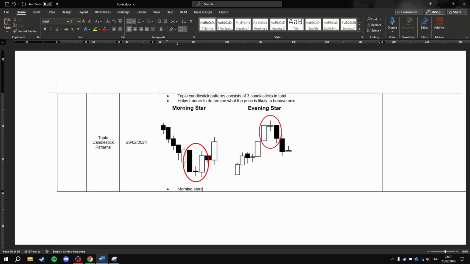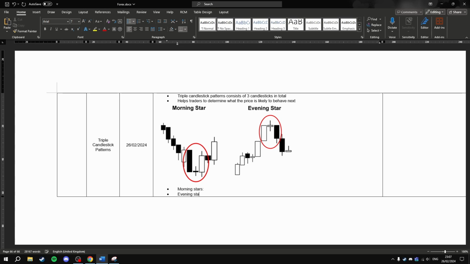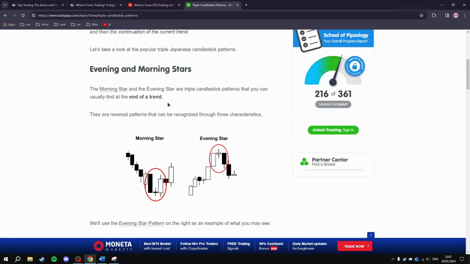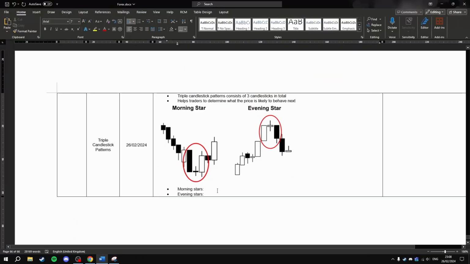Morning stars, evening stars. The morning star and evening star triple candlestick patterns you can usually find at the end of a trend. They are reversal patterns that can be recognized through three characteristics.